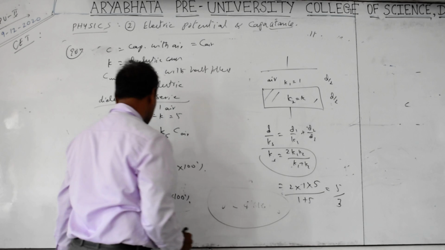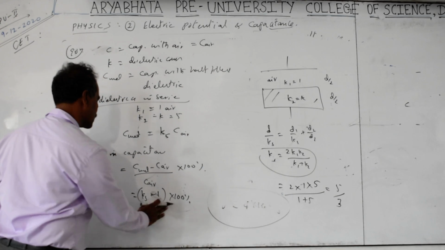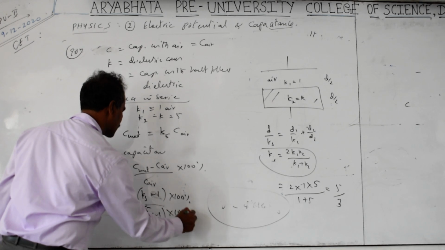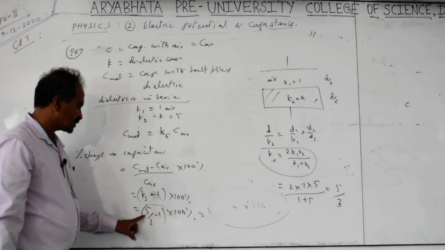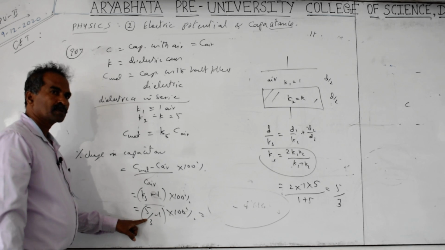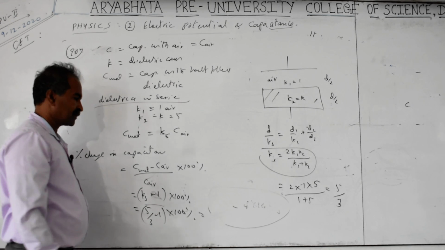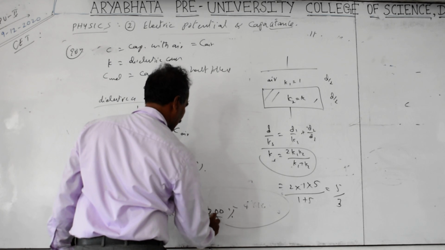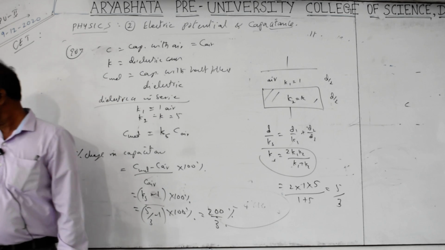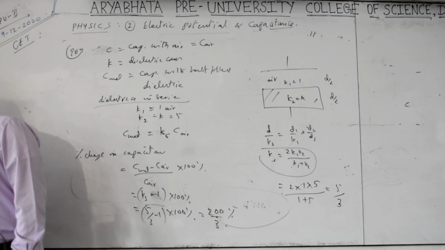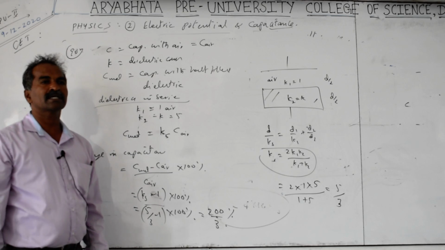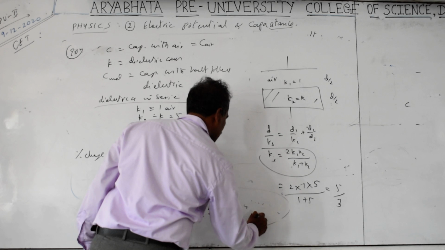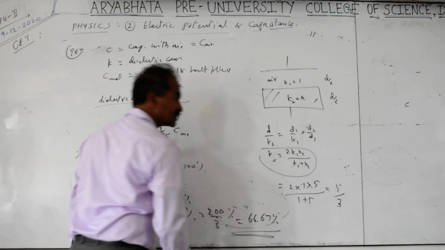So this is equal to (5 by 3 minus 1) into 100%. 5 by 3 minus 1 is (5 minus 3) by 3, which is 2 by 3, so you will get 200 by 3, which is 66.6%. So 0.66 or 67% is the answer.